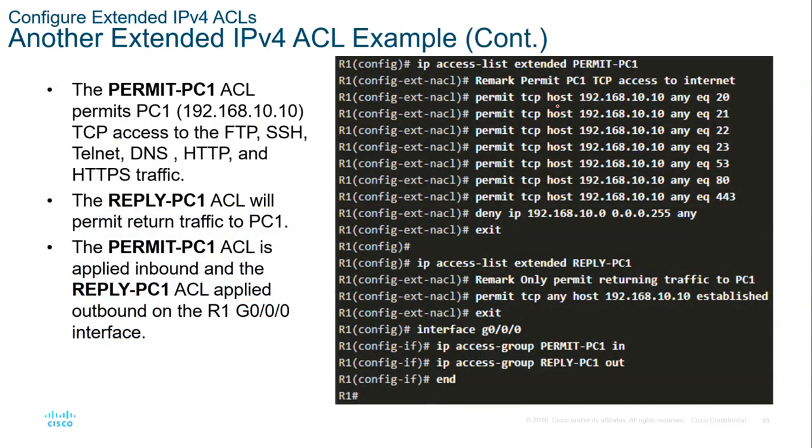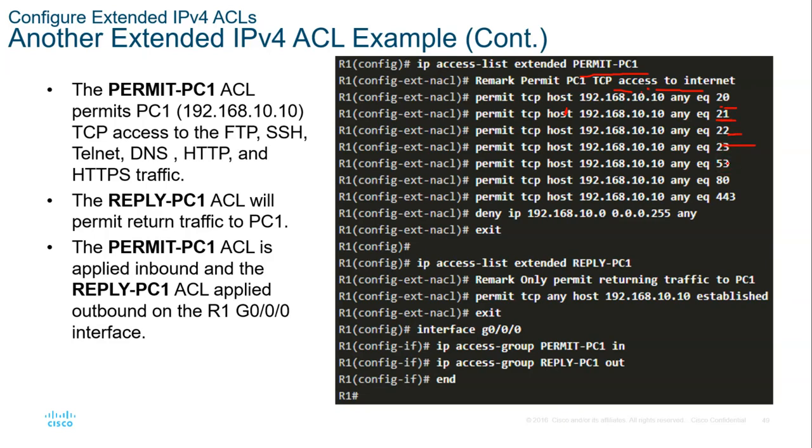So we have the permit one. We have the remark: permits PC1 TCP access to internet. Here the permit for PC1, as you can see, is host. So it's only one computer. It is allowed to do FTP, the connection and file transfer, SSH, telnet.